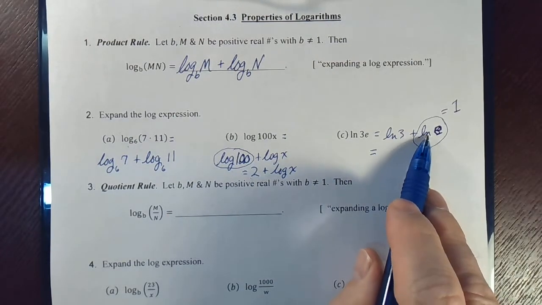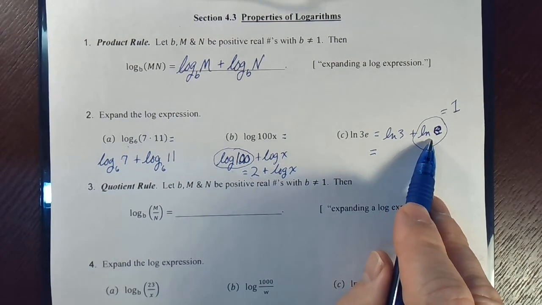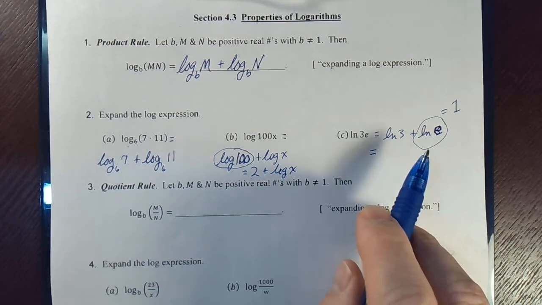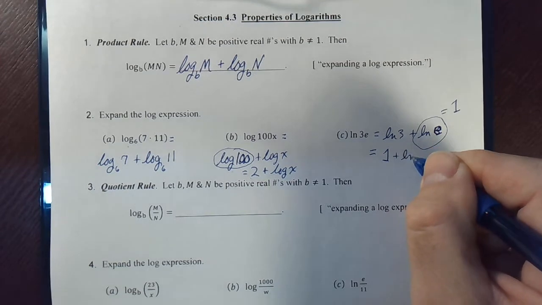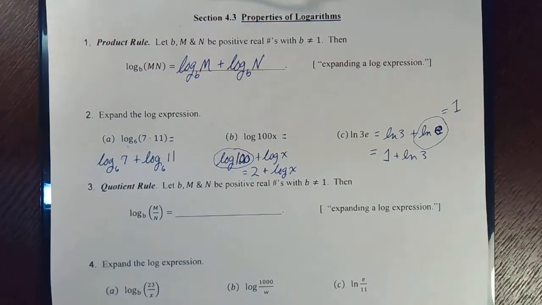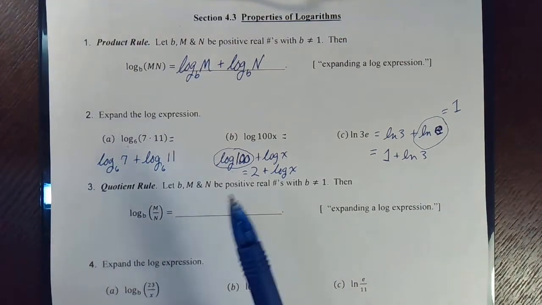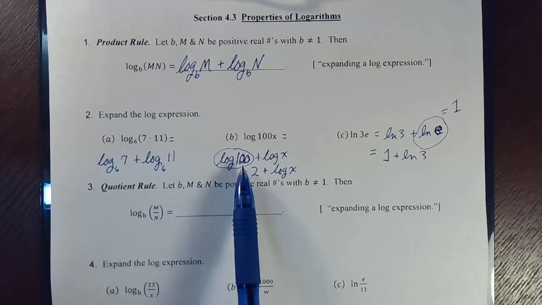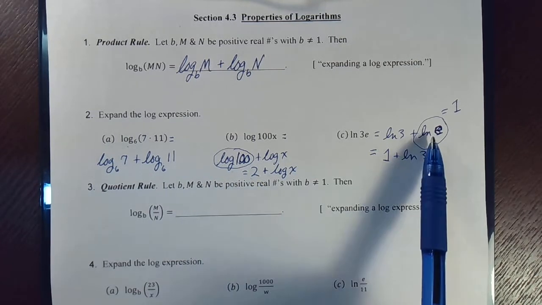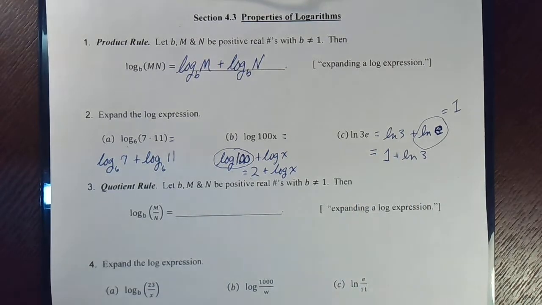Natural log of e is what exponent do you raise e to get e? It's a 1. So we could write this like 1 plus ln of 3. Okay, that's expanding the log expression. And it is my preference, I want you to, when you know the actual value of one of the parts of the expression, simplify it. We got a 2 there. Here we got a 1.